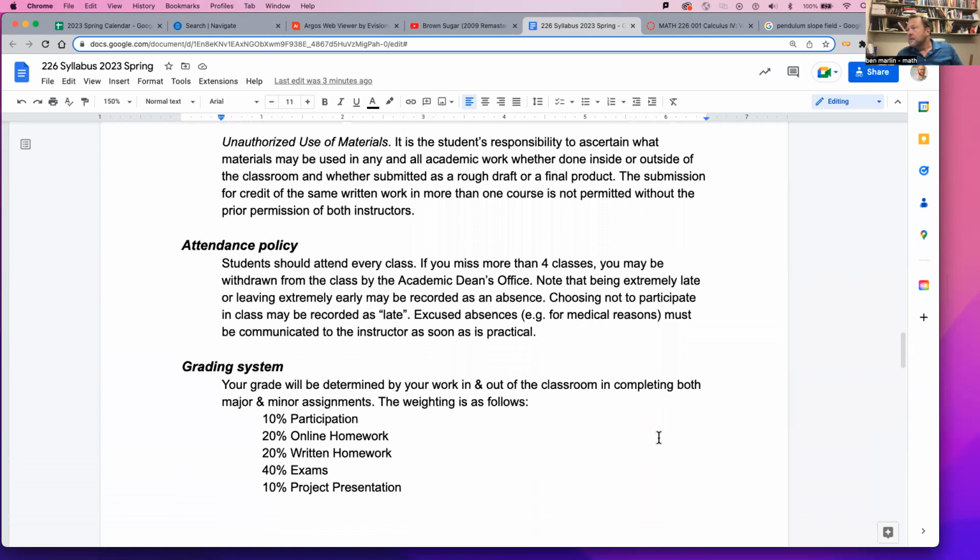Unauthorized use of materials: there's not a lot to be said about that, but please bear in mind that if you're asked to do a calculation by hand, that means Symbolab, Wolfram Alpha, and every other website out there are out of limits.